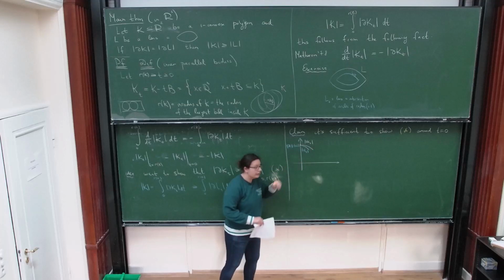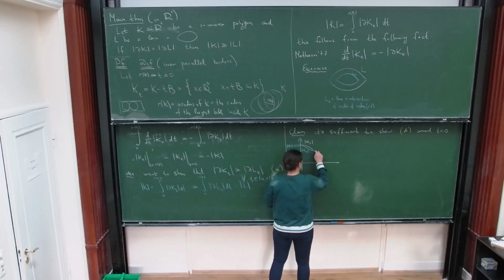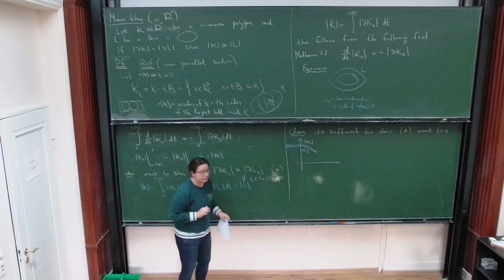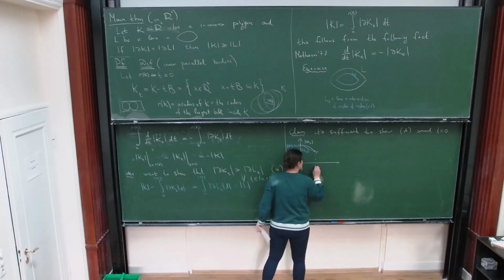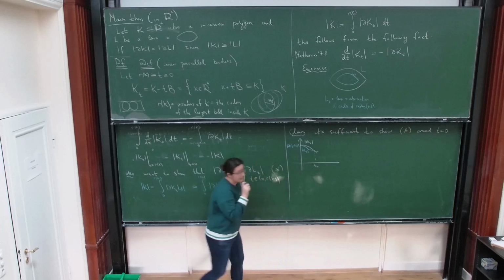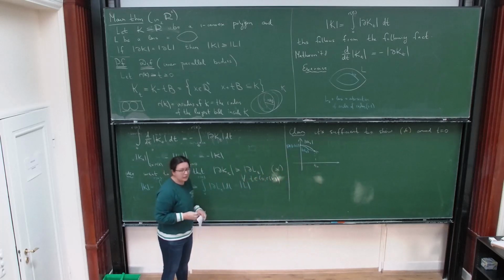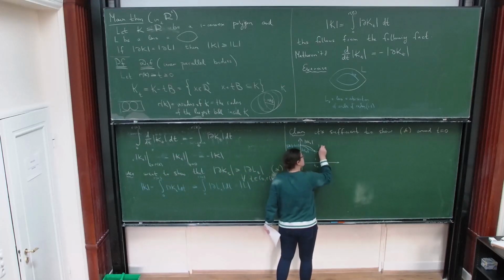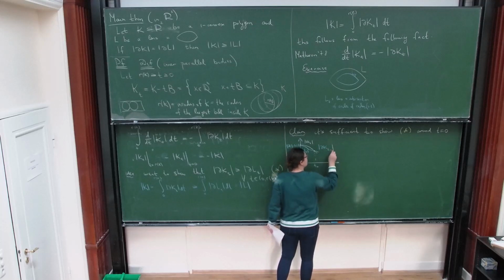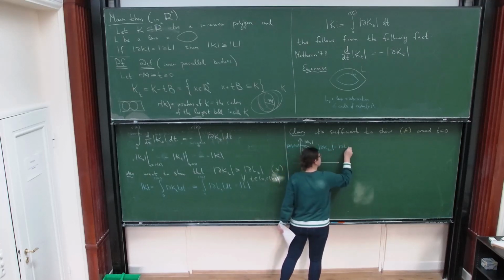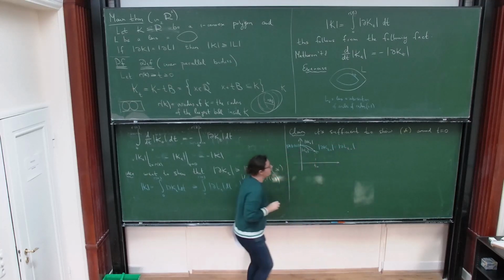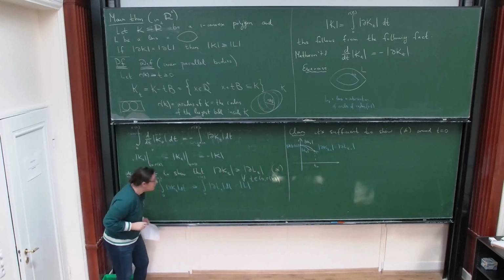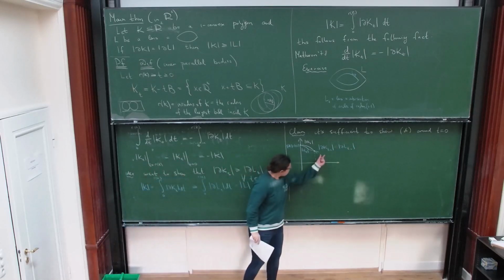Let's say this is some point t0. What does it mean that they intersect? It means that at this point they have the same surface areas: the surface area of K at t0 is the same as the surface area of L at t0.